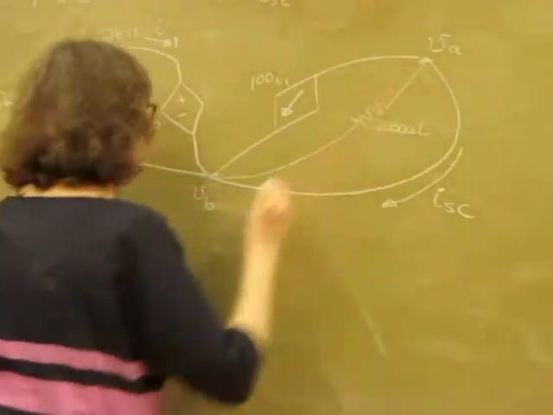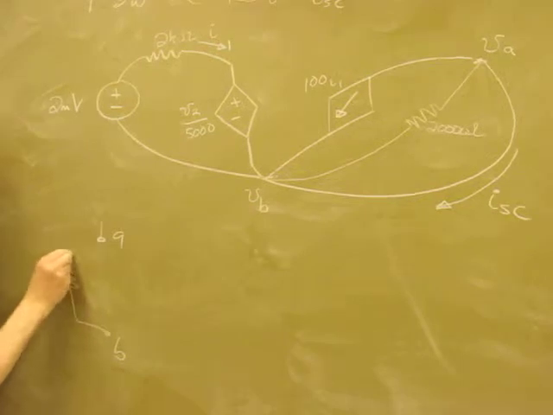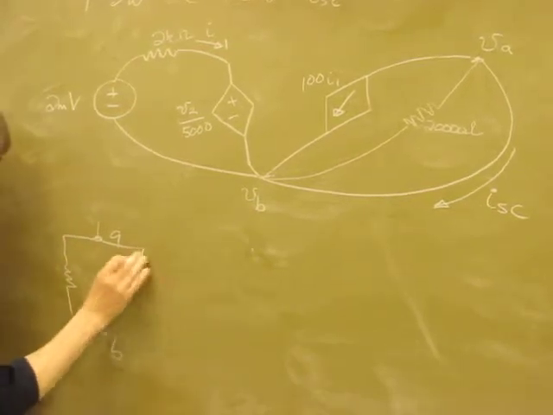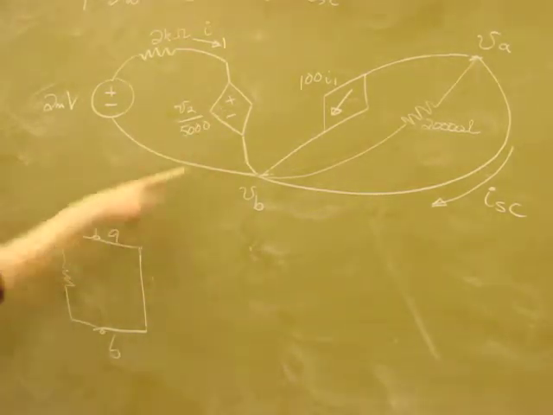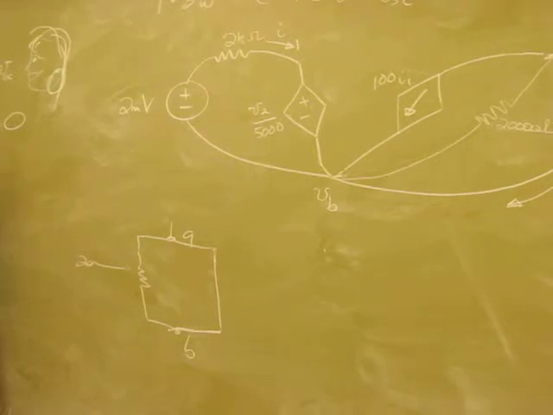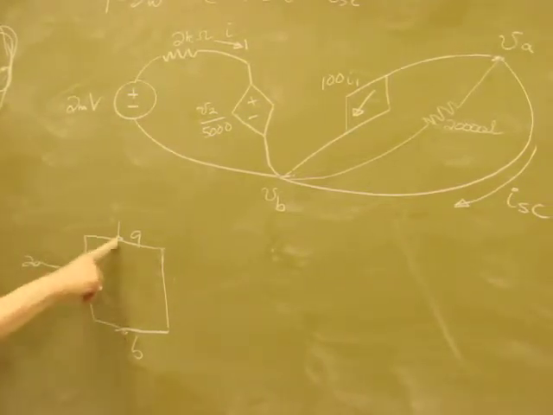So if we redrew this, terminals A and B, we have here's the short circuit, and then here's that resistor that could be 2 million ohms. What's the equivalent resistor between A and B?